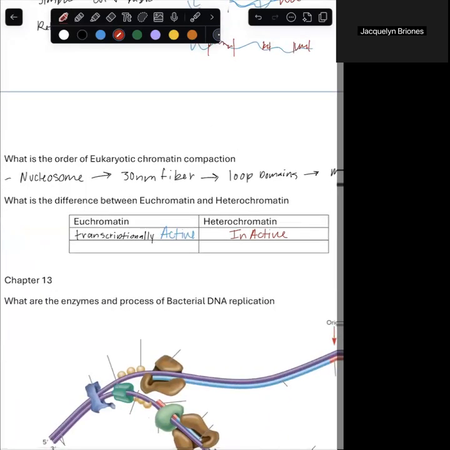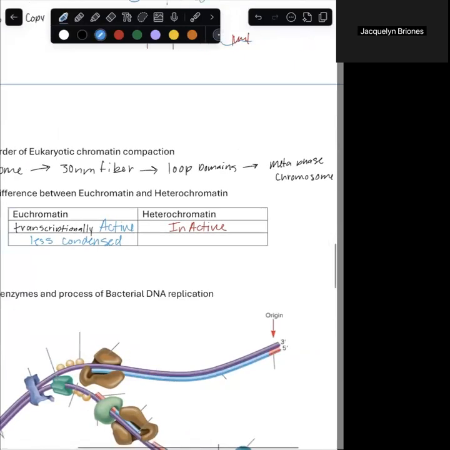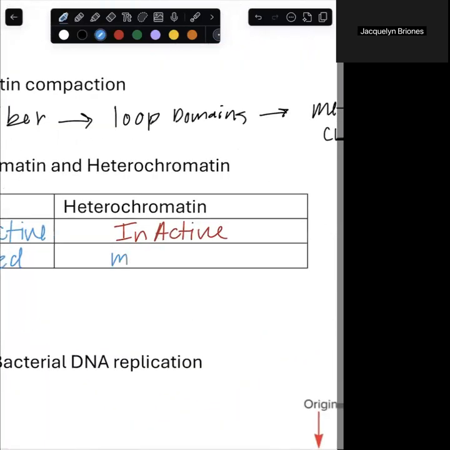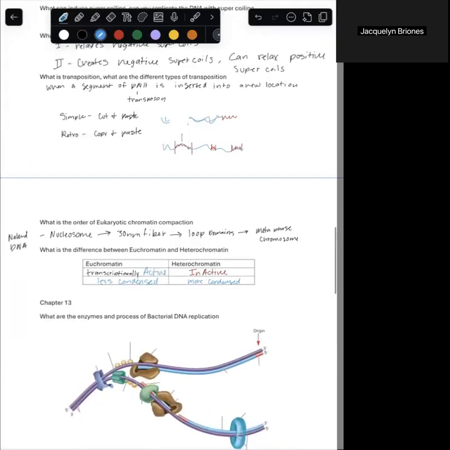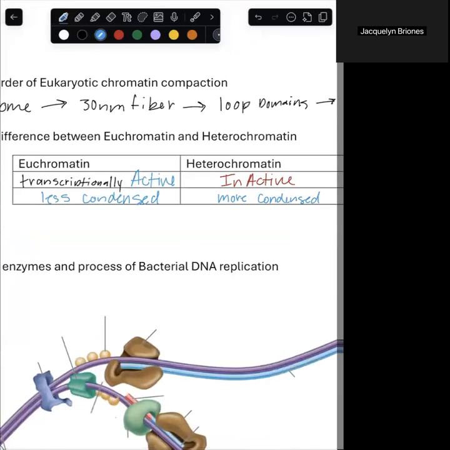And euchromatin is less dense. Heterochromatin is more dense. And something that I was taught that still sticks with me is that euchromatin, you can use it. Heterochromatin, you can't use it. So like the U in euchromatin means you can use it.